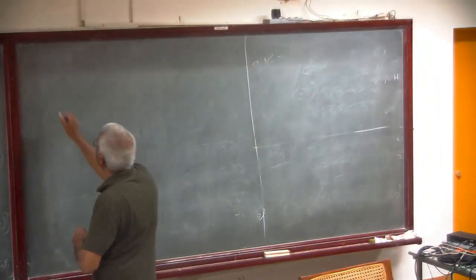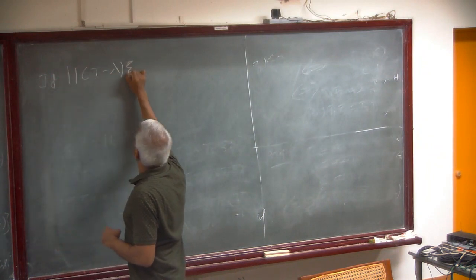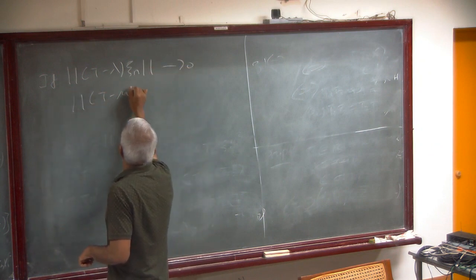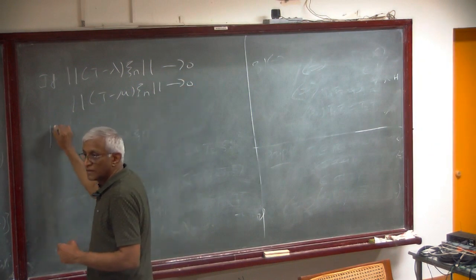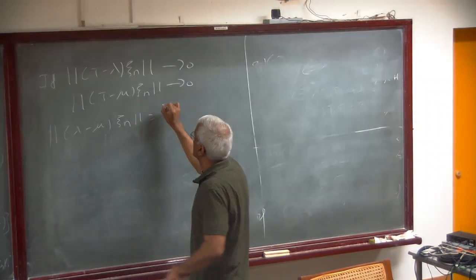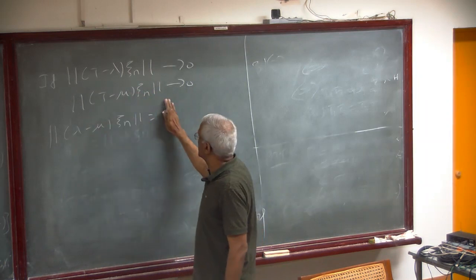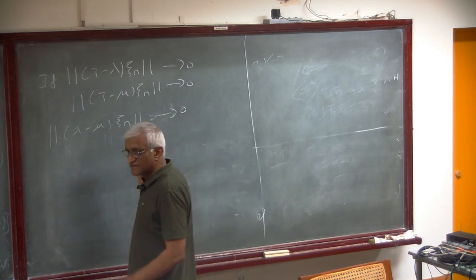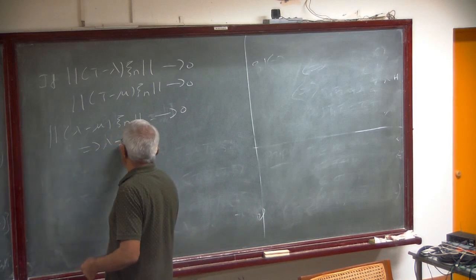See, for an operator, if T minus lambda xi n goes to 0 and T minus mu xi n goes to 0, then lambda equals mu, right? Because lambda minus mu xi n equals T minus mu xi n minus T minus lambda xi n, right? This will go to 0 by the triangle inequality. But then this is just xi n, as norm 1, right? We didn't mention it, but we have been assuming. So this implies lambda should be equal to mu.